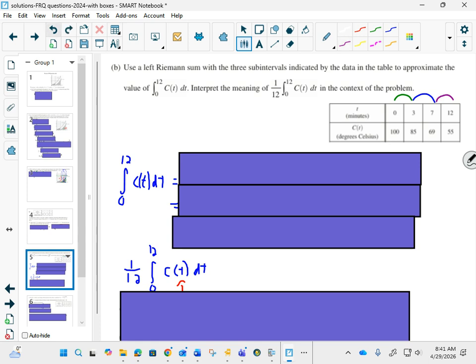And since it's the left Riemann sum, for the green rectangle, we'll use that one. The blue one, that one, and the purple one. So we're using the left height to make our rectangles.